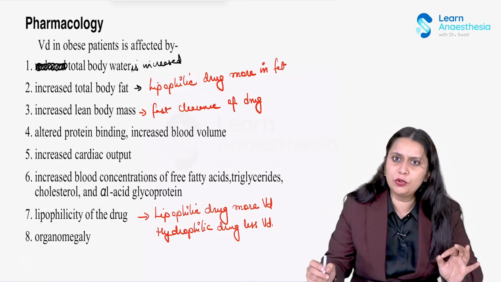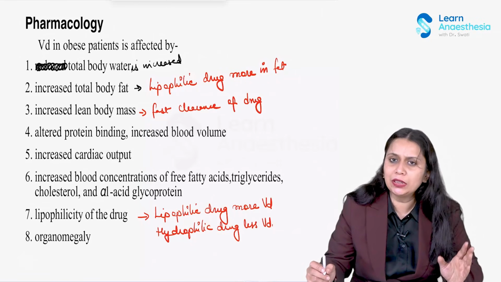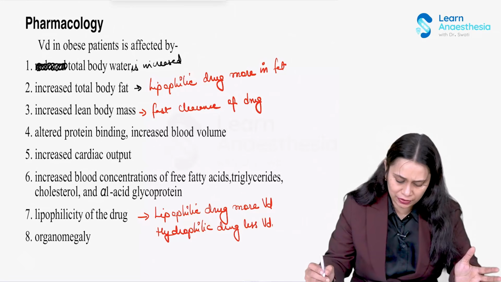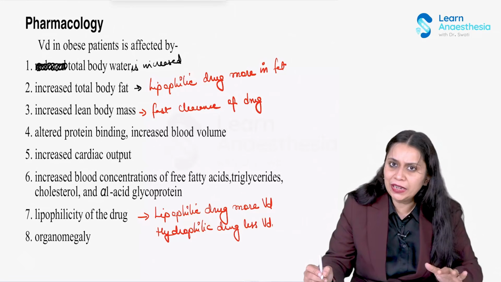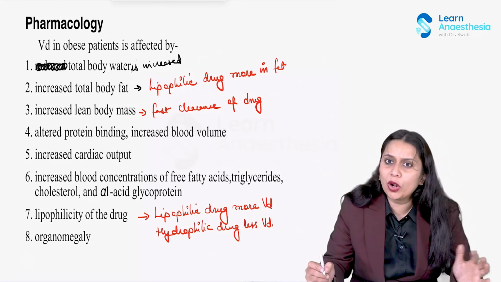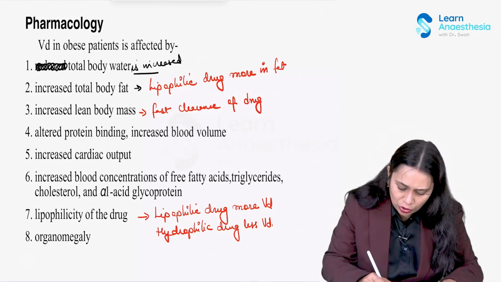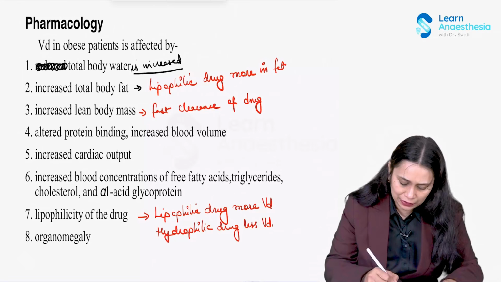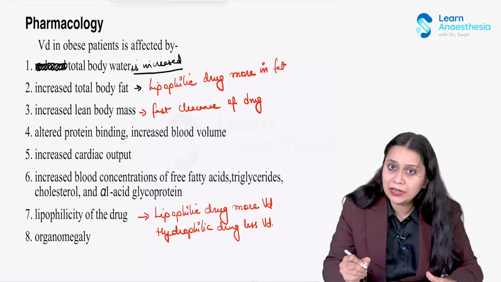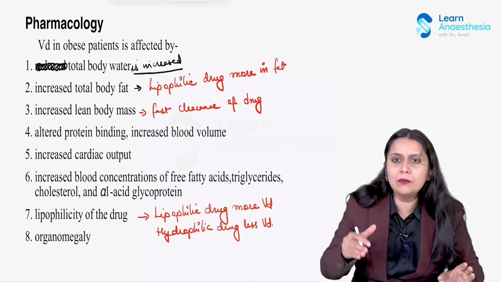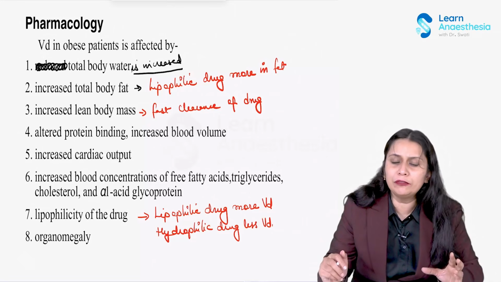The volume of distribution of drugs in obese patients changes because of several factors. Their body weight increases and their total body water increases. Then the total body fat increases, so lipophilic drugs may get more and more concentrated in this high volume of fat.